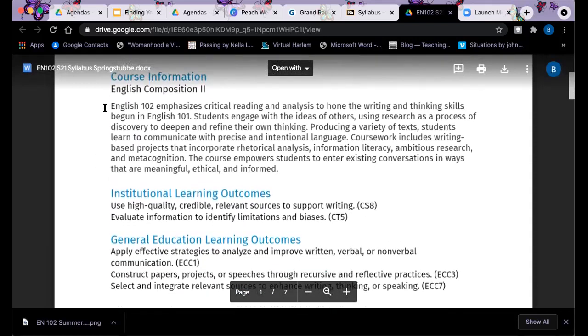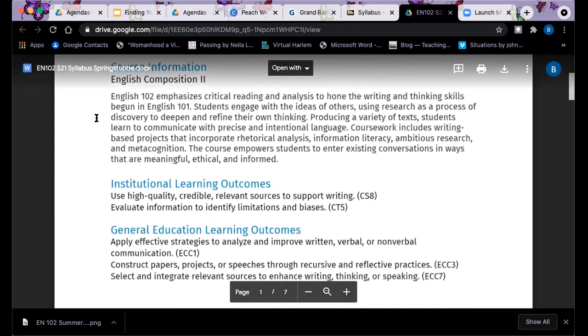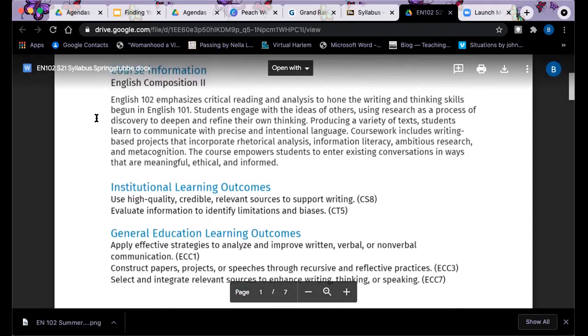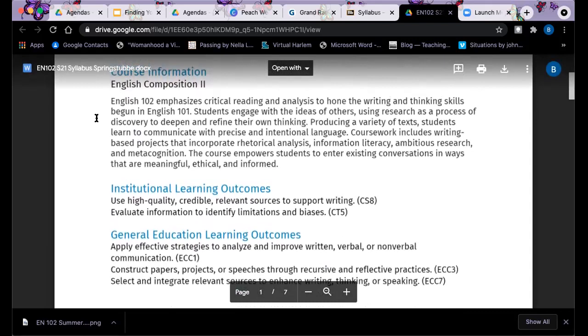You can read the course information on your own, and that would be a good thing for you to do. You should keep in mind that it's a writing class, but a large part of writing is reading to understand, but it's also to analyze the tone and the thinking and to be able to understand more deeply the rhetorical situation and craft work that is appropriate for that rhetorical situation.